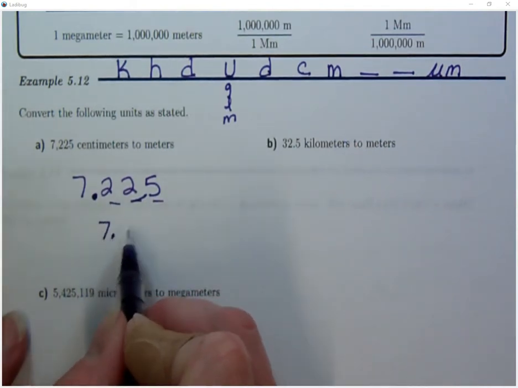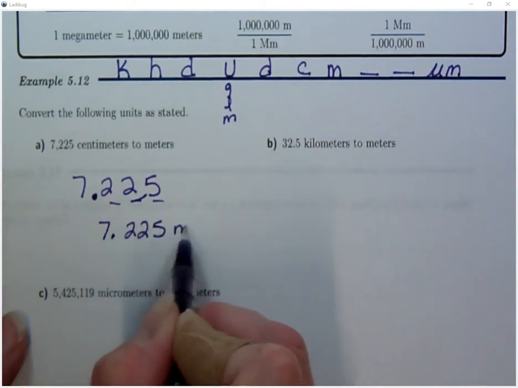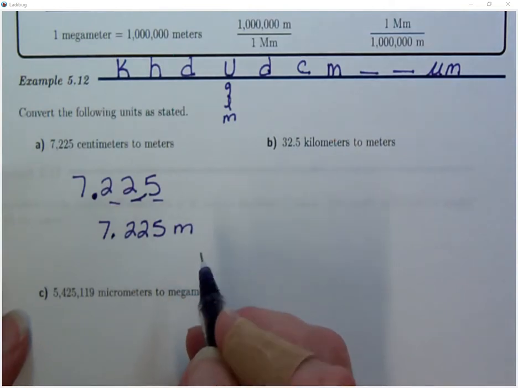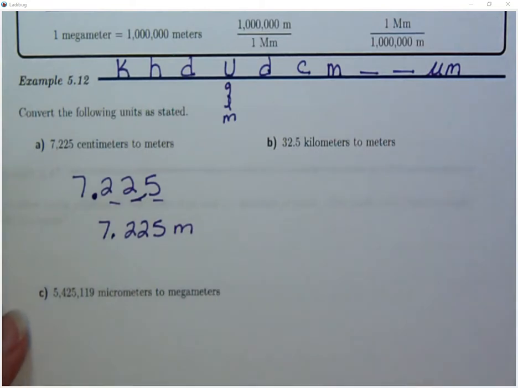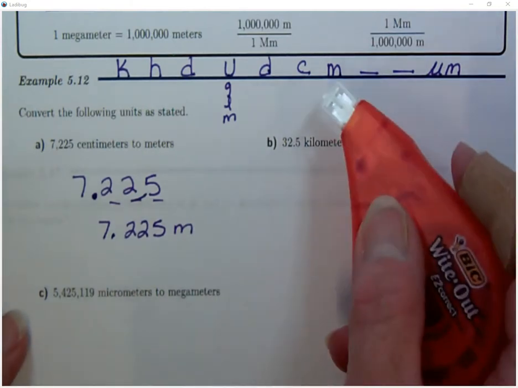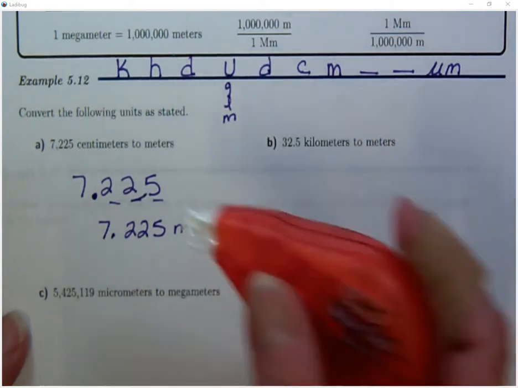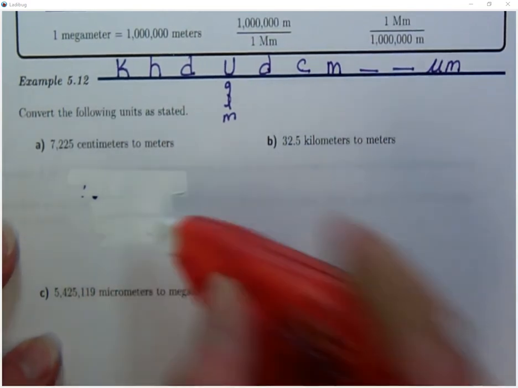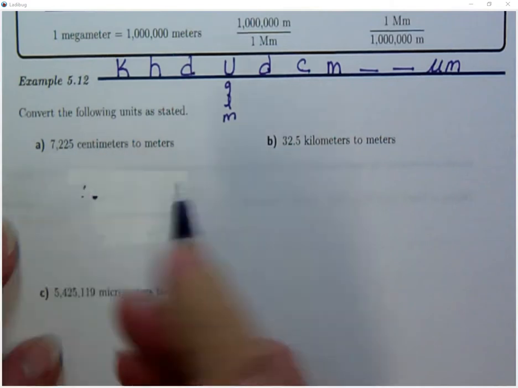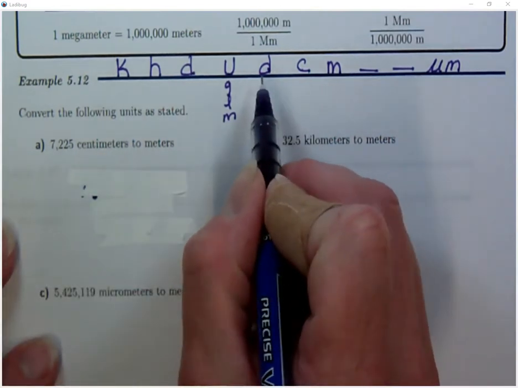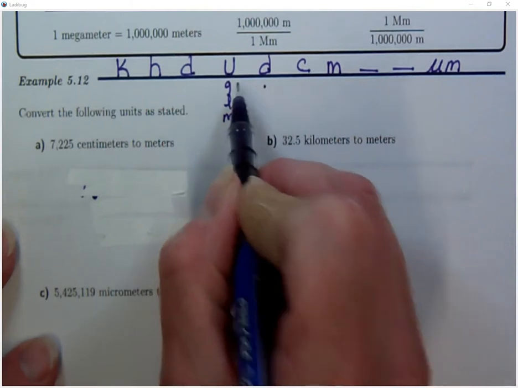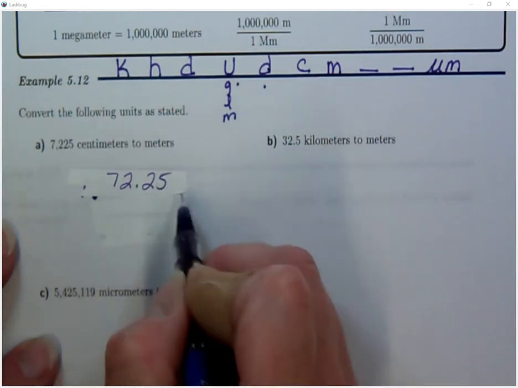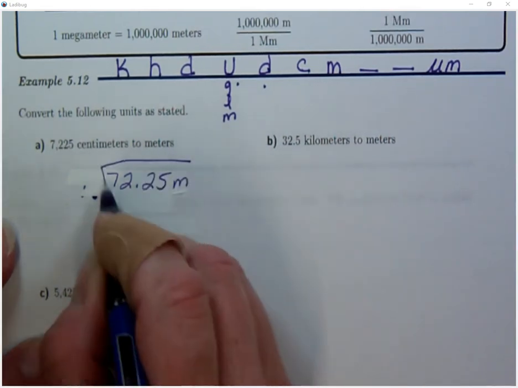So then I can say it's 7.225 meters. Oops. I was thinking it was millimeters. So it's actually just 2 places. Let me fix that. Sorry about that. I had in my head that it was millimeters when I was looking at it. So we're here at centimeters, and then we're just going 1, 2 places. So it'll be 72.25 meters.